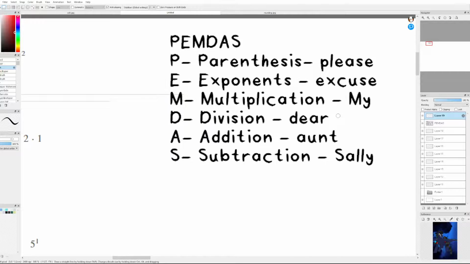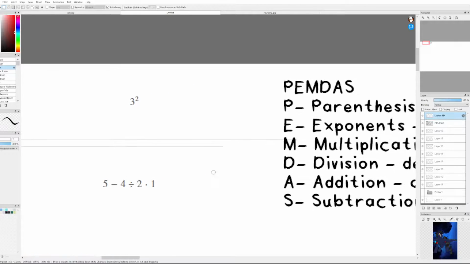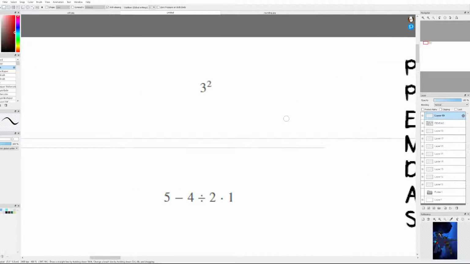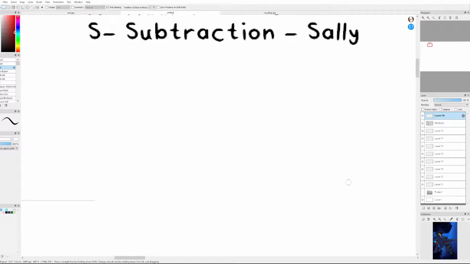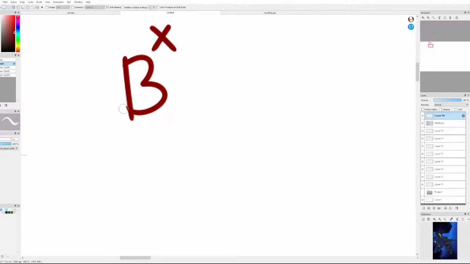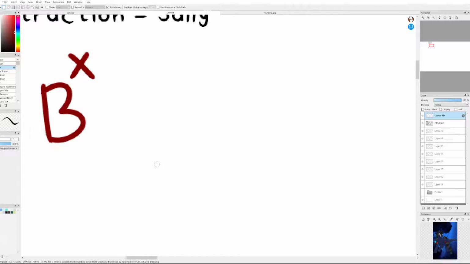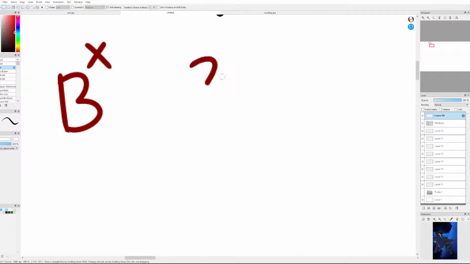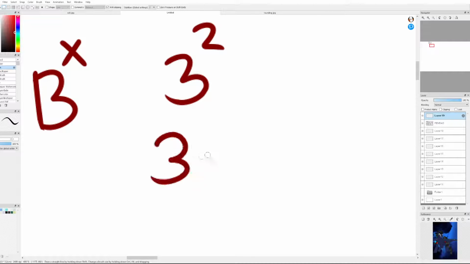So to get into some of the examples, we're also talking about exponents. Let me talk about those real quick as well. With exponents, we have a base, and then we have an exponent. Say we had an example like 3 to the power of 2. What this really means is 3 times 3.